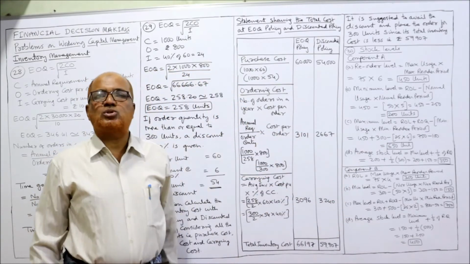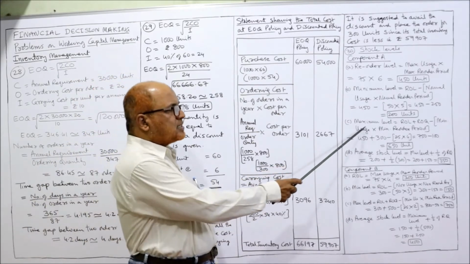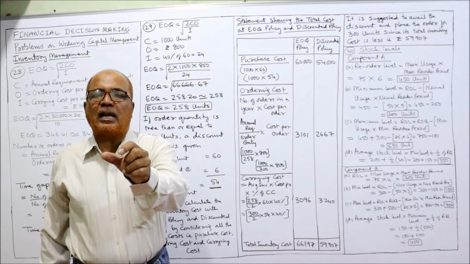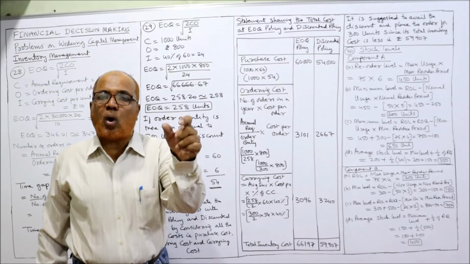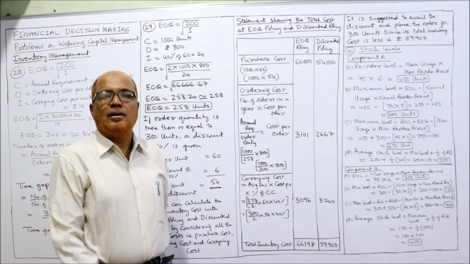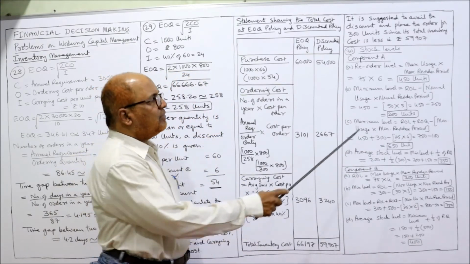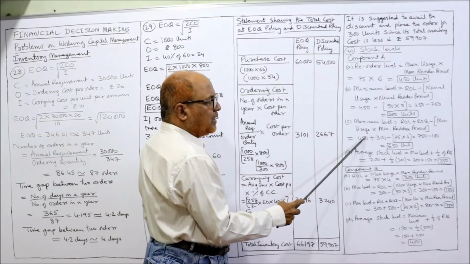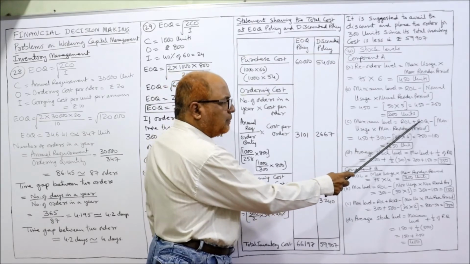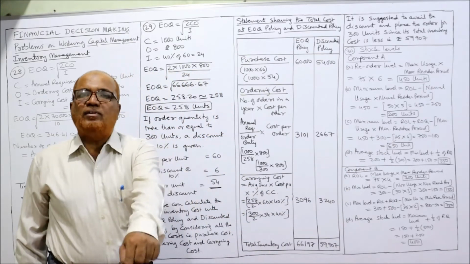Now maximum stock level. The formula for maximum stock level: reorder level plus reorder quantity minus minimum usage into minimum reorder period. Reorder level already we have calculated, 450. Reorder quantity is given in the problem.